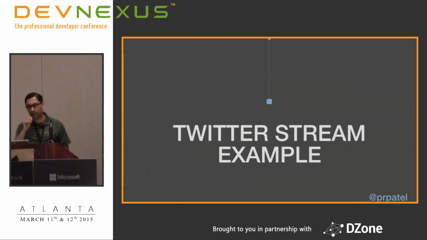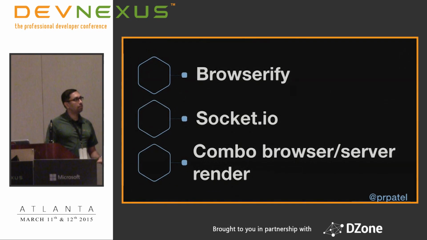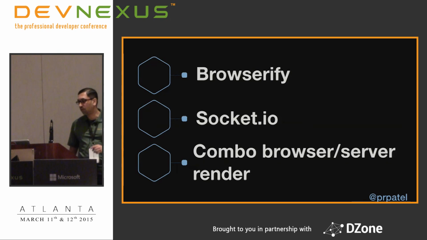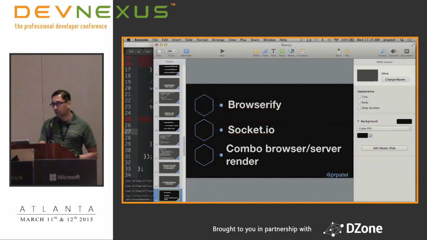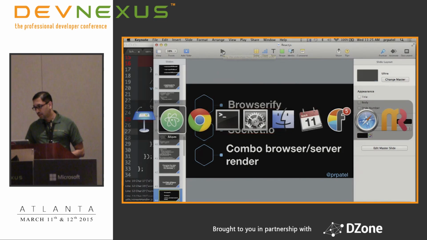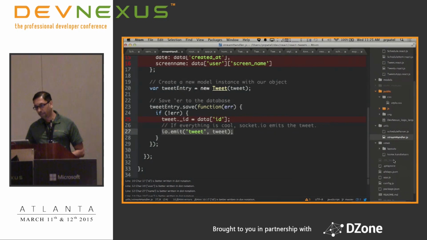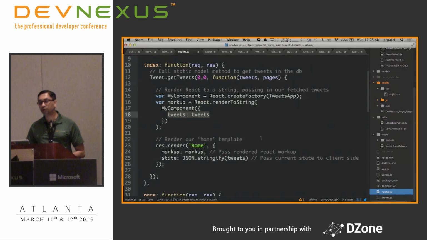So we walked through the full example. We looked at everything using Socket.io. I'm using a combination of server rendering. Again, the server rendering for the initial bootstrap that I did was right here, when I do React render to string.